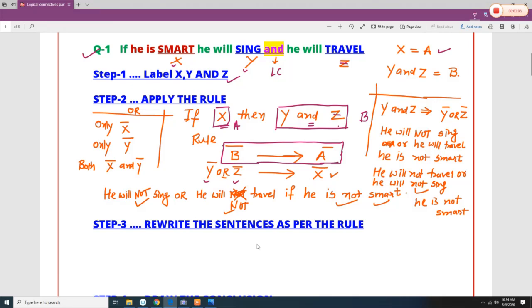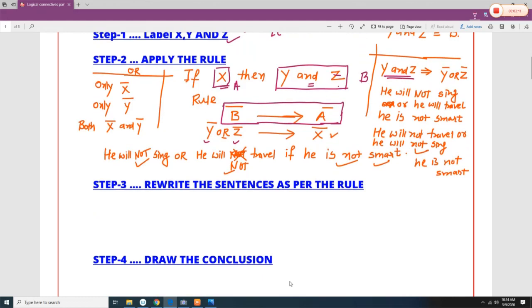Let's say Y and Z is the given connective in the original statement. AND is converted into OR, Y is converted into Y bar, and Z is converted into Z bar. Now rewrite all the sentences one more time. What is X?